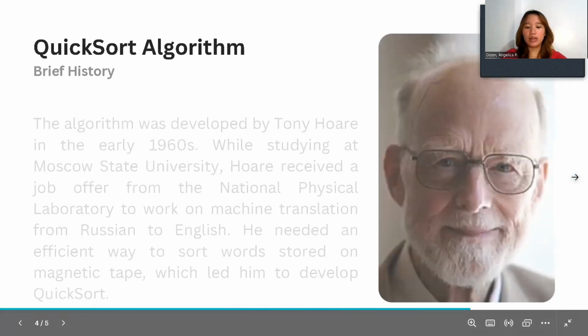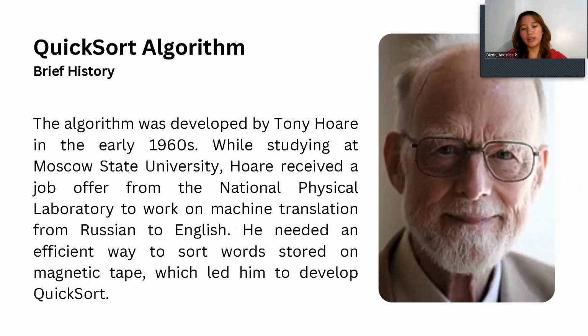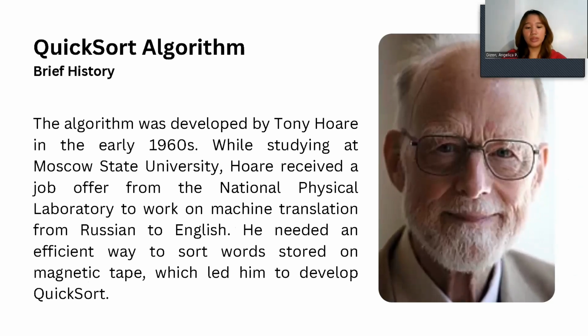Let's take a quick look at the history of Quicksort. The algorithm was developed by Tony Hoare in the early 1960s. While studying at Moscow State University, Hoare received a job offer from the National Physical Laboratory to work on machine translation from Russian to English. He needed an efficient way to sort words stored on magnetic tape, which led him to develop Quicksort.